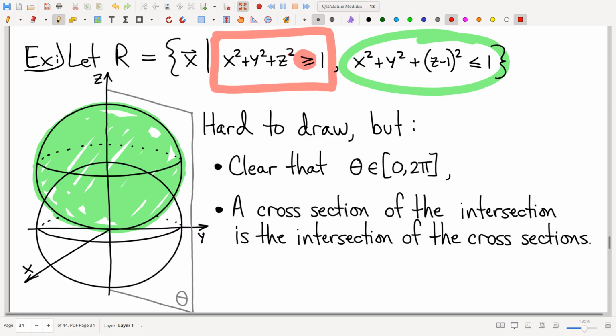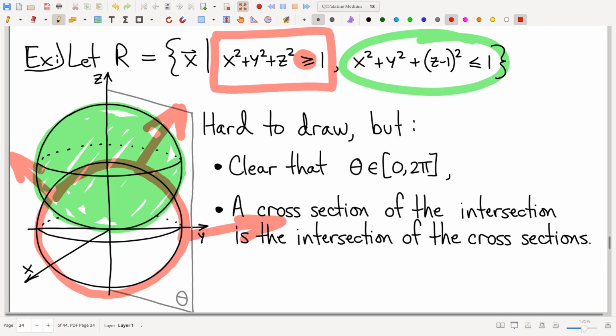So that means I'm looking for points that are outside, not inside, outside of the unit ball. So I'm going to draw that kind of like this. So I want the points that are inside the green and outside the red.